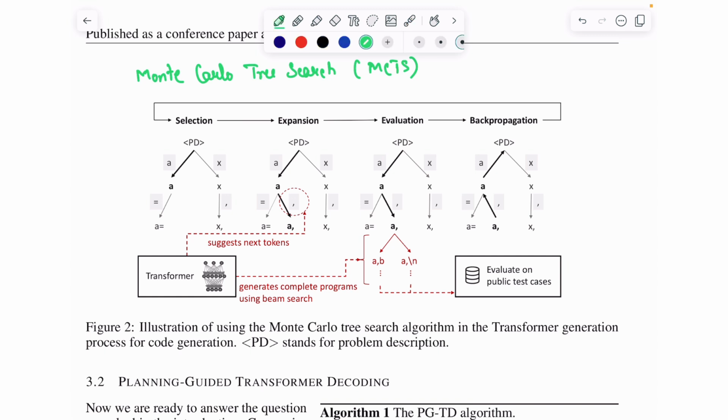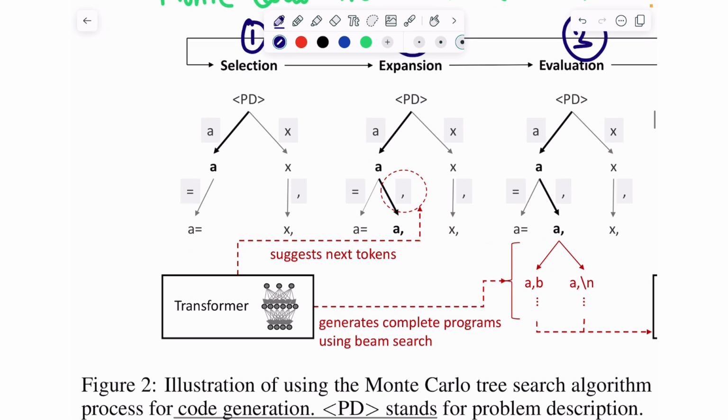So how do you do it? You have 4 stages in this. First stage is selection, second is expansion, third is evaluation, and fourth is backpropagation, right? So let's say you have generated a tree so far, that you have a starting character and you have a tree A and X, and A was selected, and then A equal to is the token that can be added, or for X, X comma can be the token that was added, right?